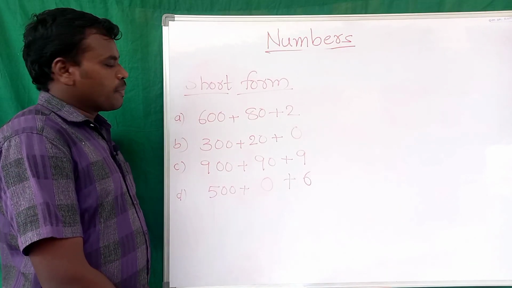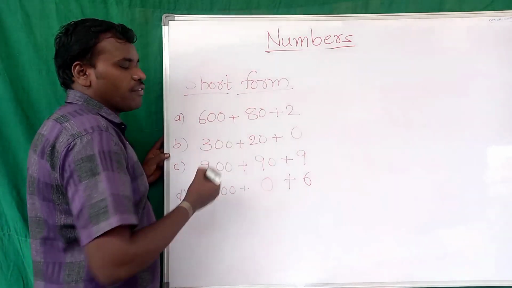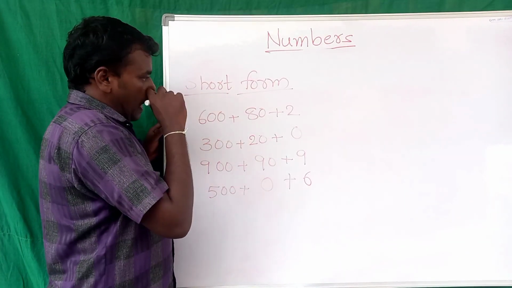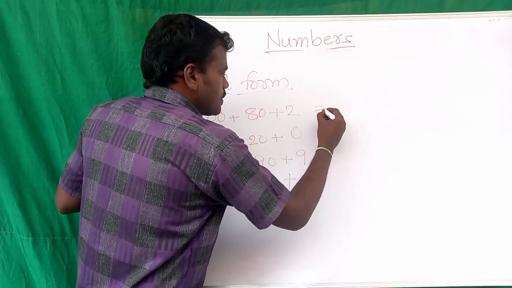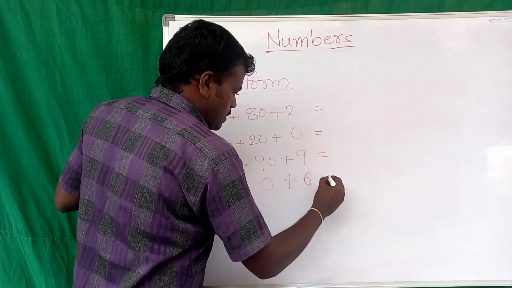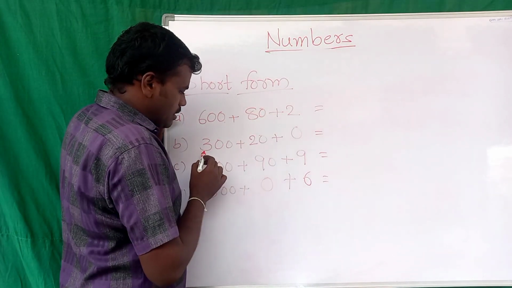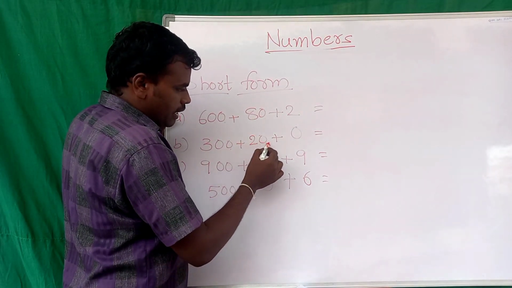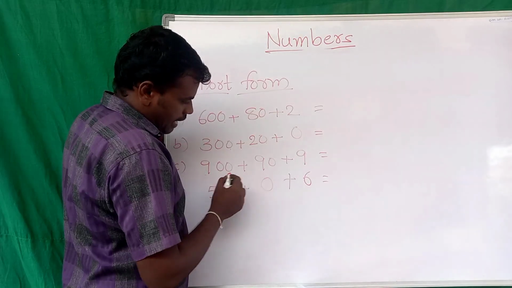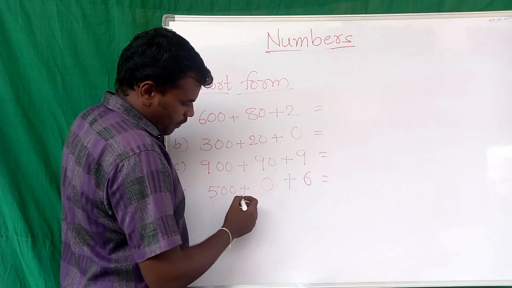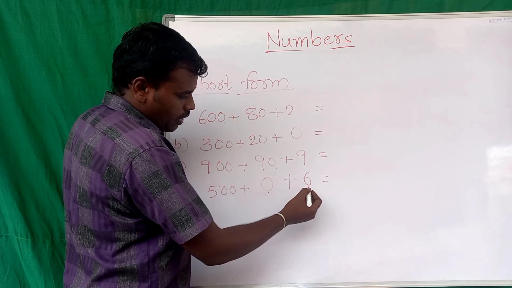See these numbers. Here we have already the expanded form, and we need to write the short form. Read once again: 600 plus 80 plus 2, and 300 plus 20 plus 0, 900 plus 90 plus 9, and 500 plus 0 plus 6.